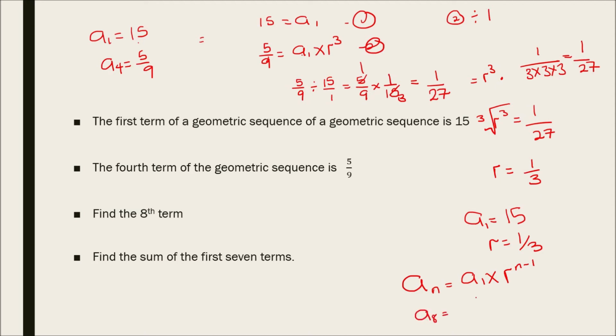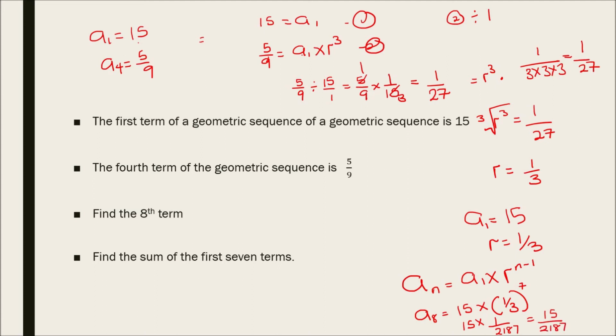A8 will be, what's our A1? 15 times 1 over 3 to the power 8 minus 1, 7. Okay, so what's 1 over 3 to the power 7? So 15 times 1 over 2187. So we have 15 over 2187.